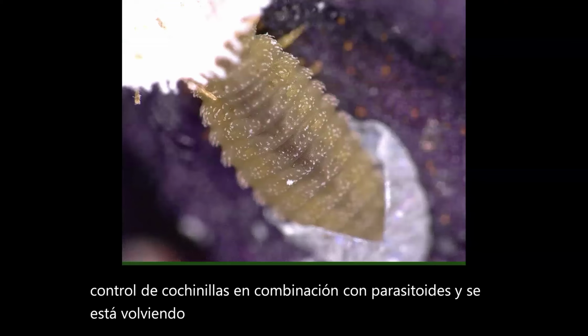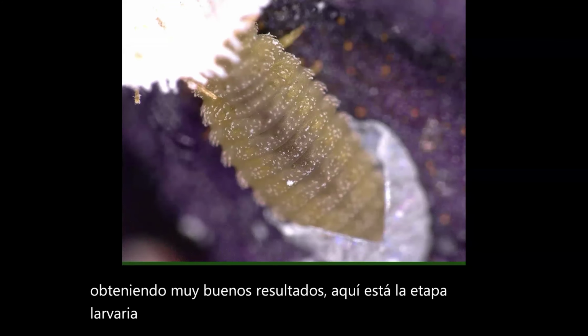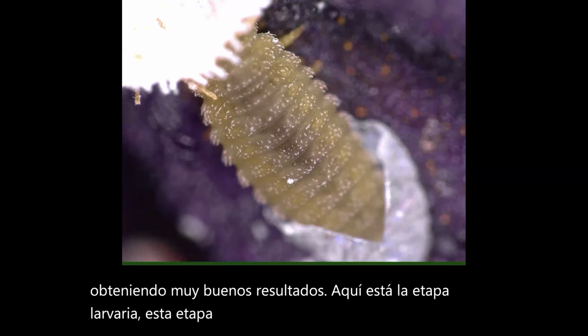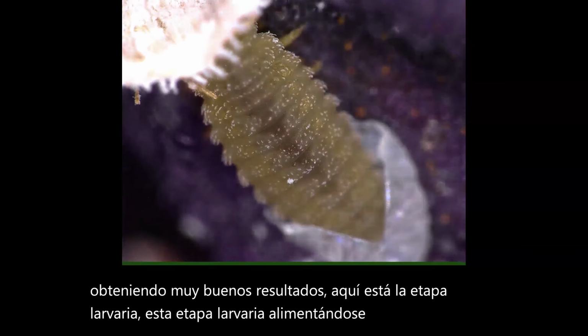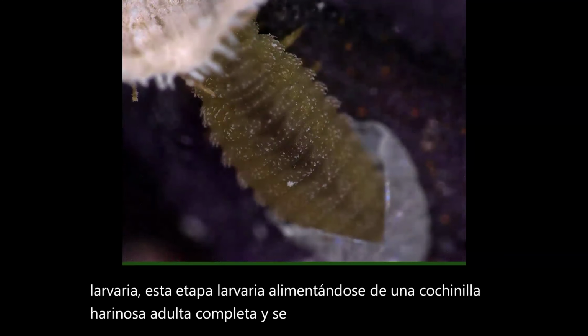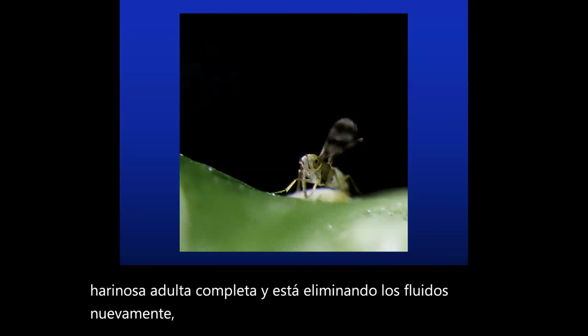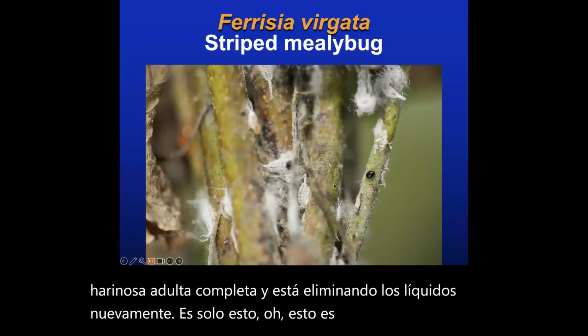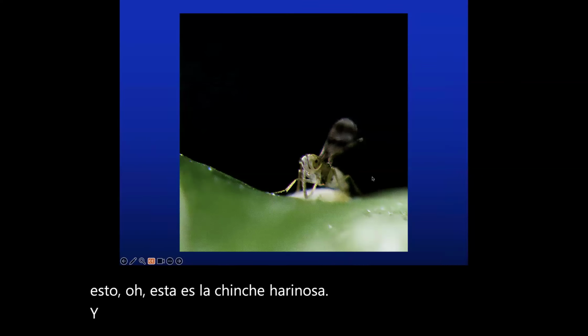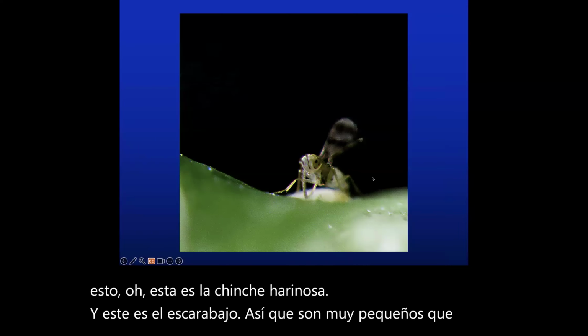Here's the larval stage. This is the larval stage feeding on a full adult mealybug, and it's removing the fluids. Again, this is the mealybug, and this is the beetle. So they're very tiny, and we don't have the problems with people objecting.